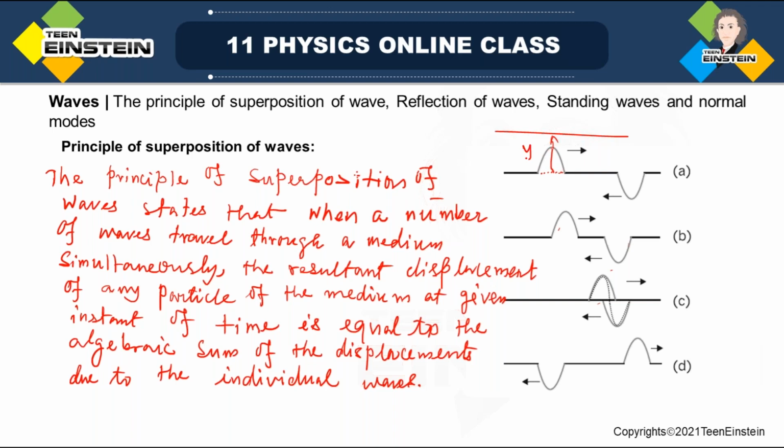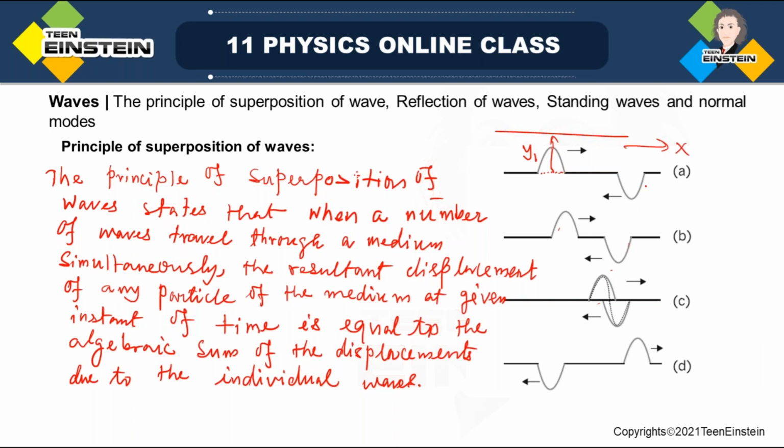I'm just taking this as y1, and this particular disturbance, the wave, is propagating in the right hand direction. If I say this is positive x, so it is propagating in the positive x direction.